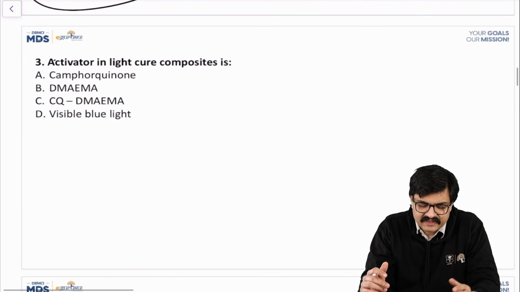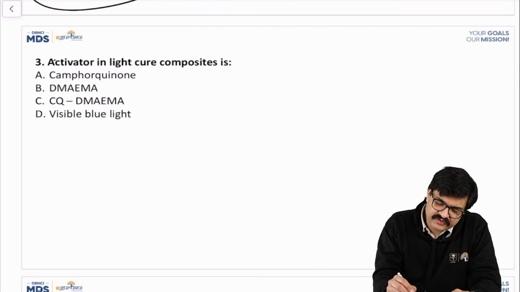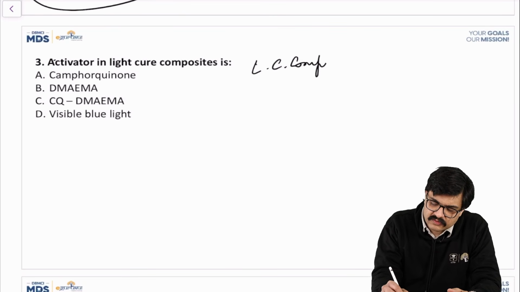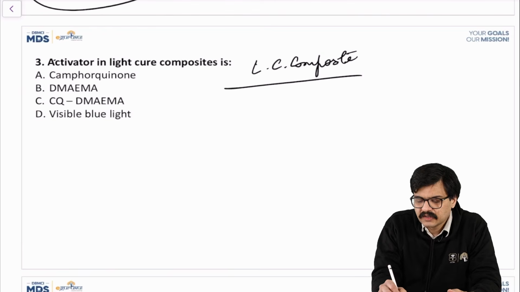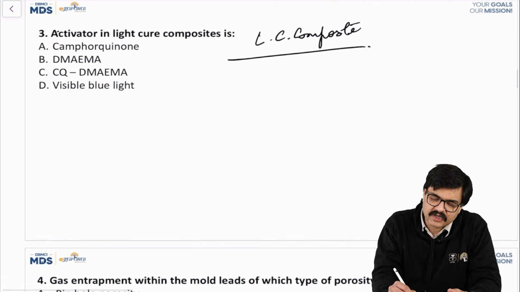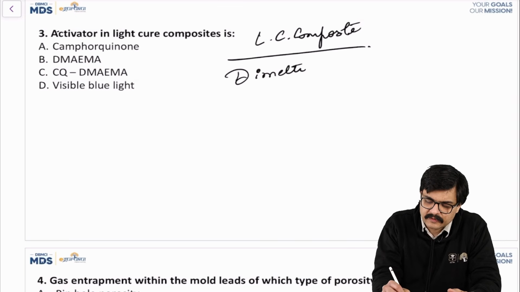Next question is, activator in a light cure composite is. Now this is interesting, guys. So when you talk of the light cure composite, any composite, they talk of the composition, you obviously are going to be having the dimethacrylates, okay?